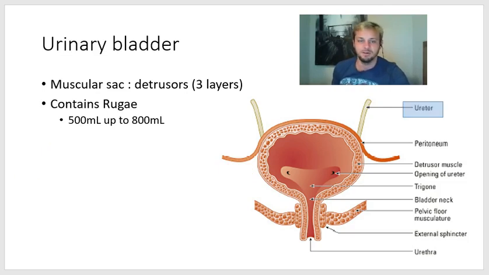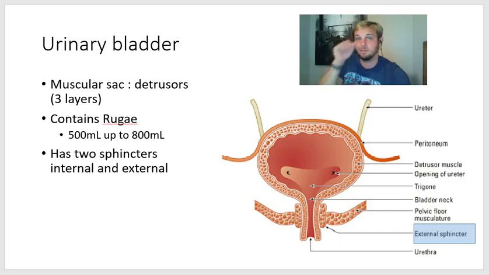Here you can see the ureters coming in from behind posteriorly and then comes up inferiorly, right here to open up. And we get this thing called a trigone between the 2 ureter openings and the single urethral opening. And in this trigone, you're not going to see any rugae, which is just kind of neat.